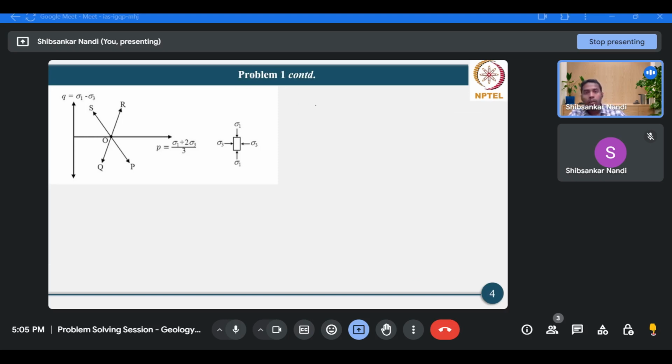If you can remember, in the last class we ended our discussion with the definition of stress path. So we'll again reiterate here. Now what is stress path?